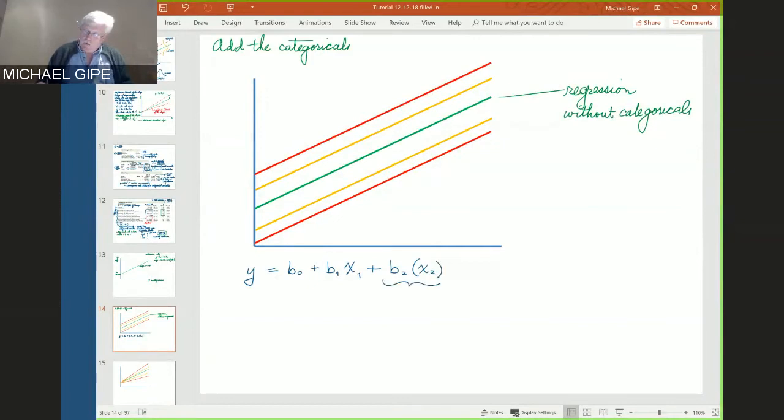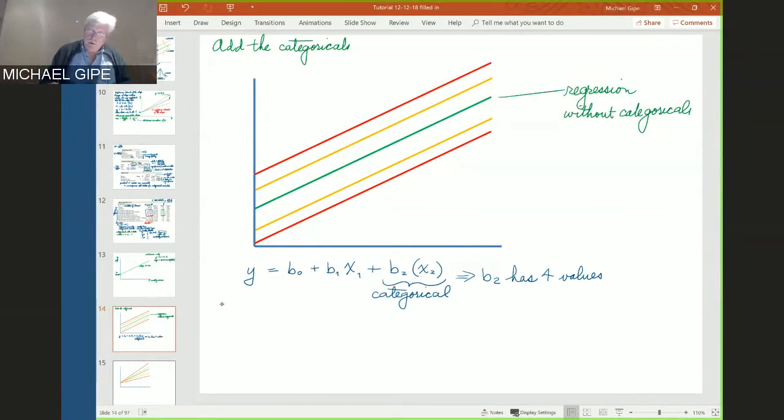This is the categorical term. And B2 really is split into 4 possible values, one for each of the states of the categorical.